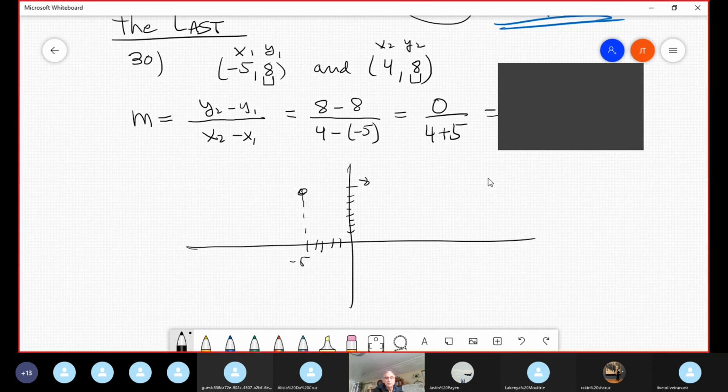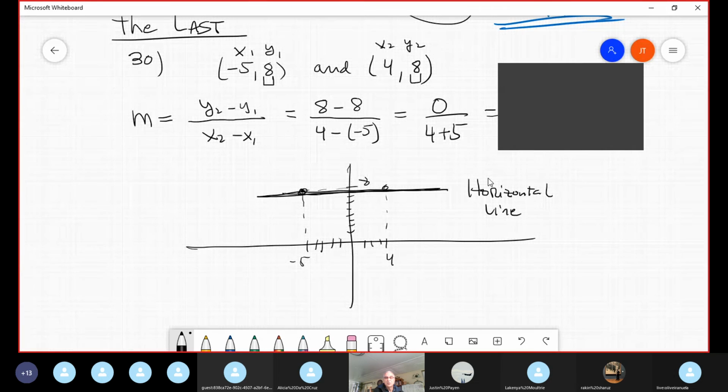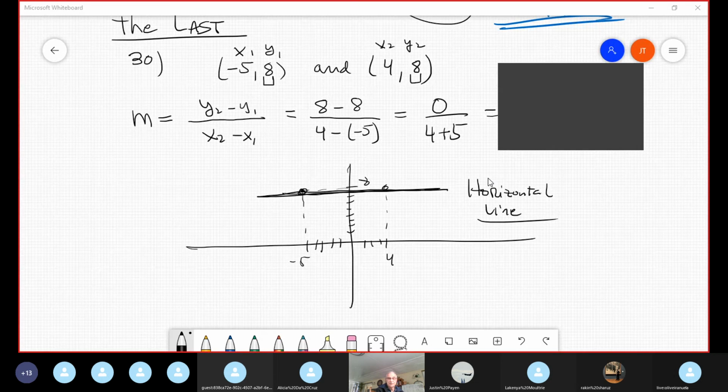This is my first point. My second is 4, comma 8: 1, 2, 3, 4 positive, comma 8. So when you connect these, it's a horizontal line. Makes sense? Horizontal line, slope 0. Okay, guys? Any question? No?